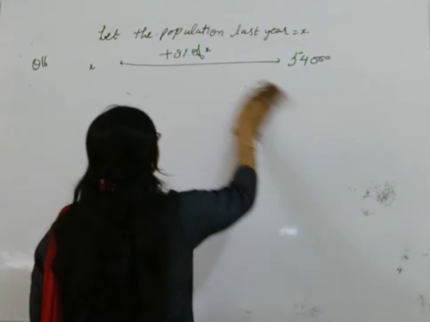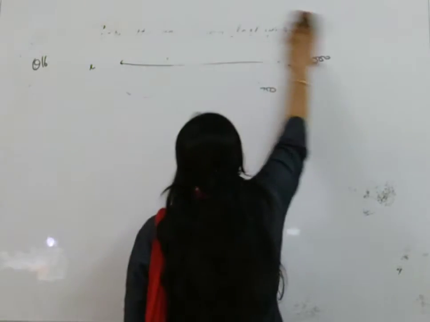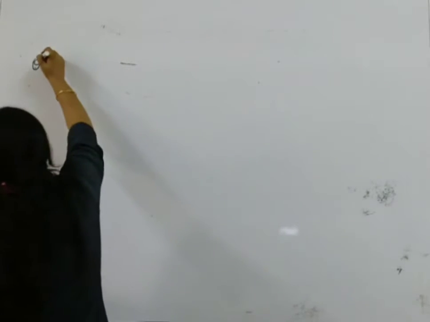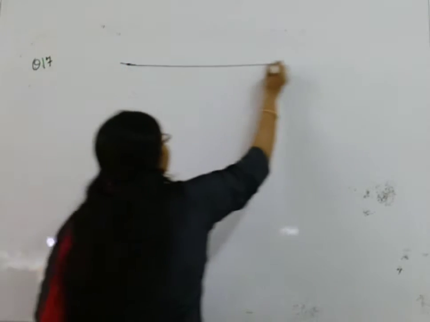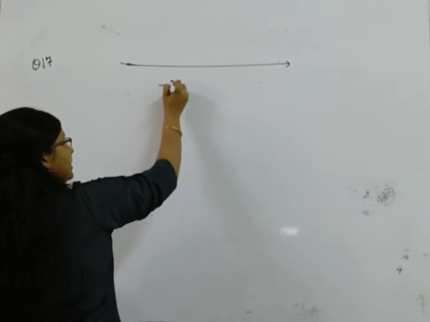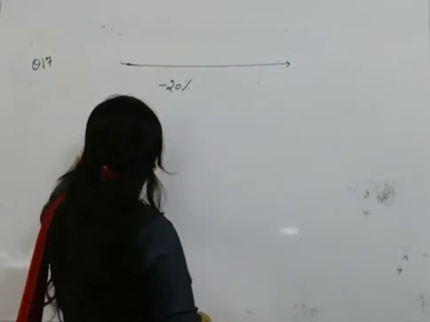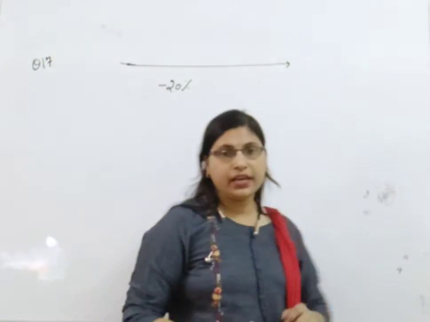So we have to make a diagram. So value of machine decreased 20% every year. Now the question is which value should be here and which value should be here.